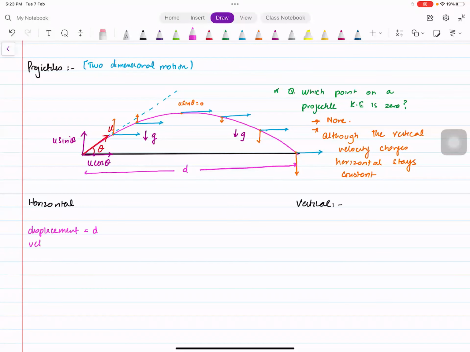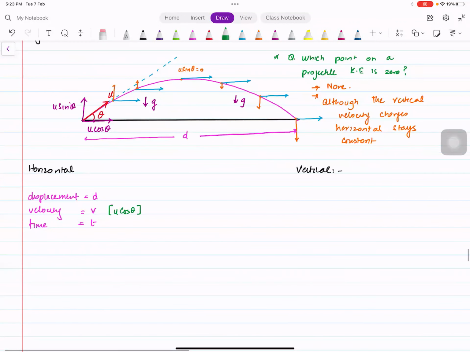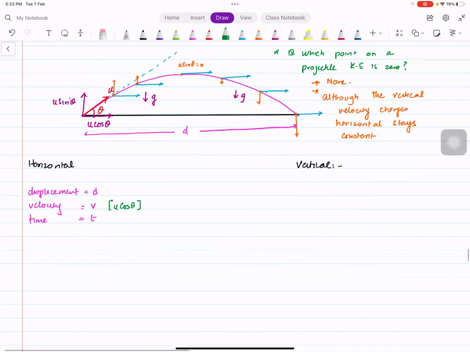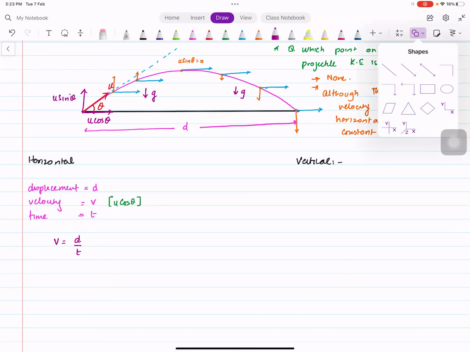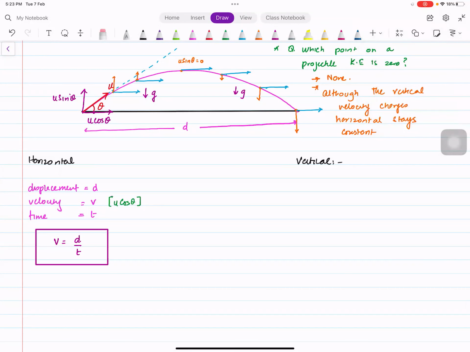You need velocity, which is v, and you need time, just t. Horizontal velocity is the component, in this case it is obviously u cosine theta. And only one formula, and that is velocity is equal to displacement over time. And that's the only formula you're going to use for finding anything horizontal. Okay.